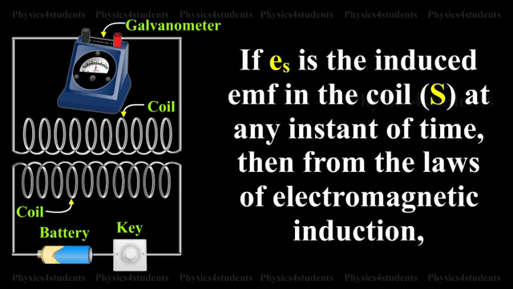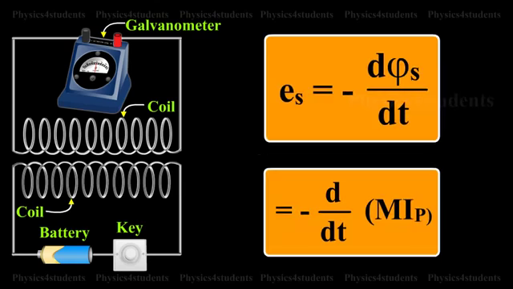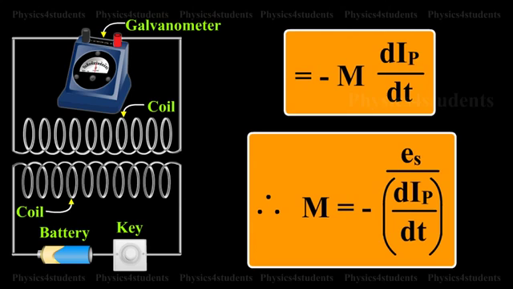If ES is the induced EMF in the coil S at any instant of time, then from the laws of electromagnetic induction, ES is equal to minus d phi S by dt, which is equal to minus d by dt of M IP, which is equal to minus M into dIP by dt.